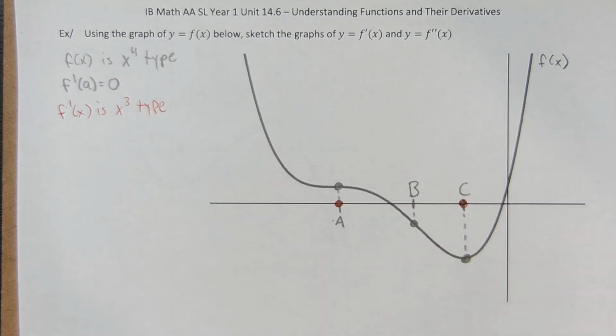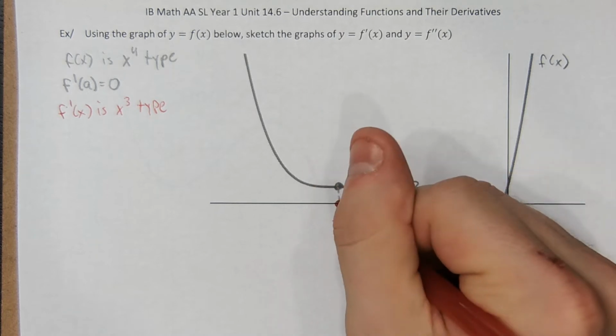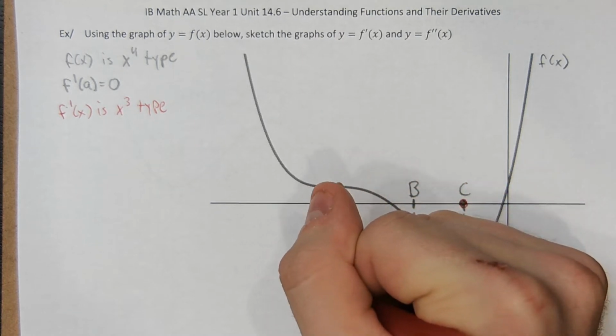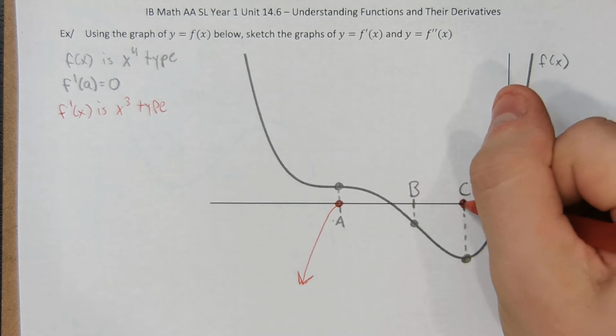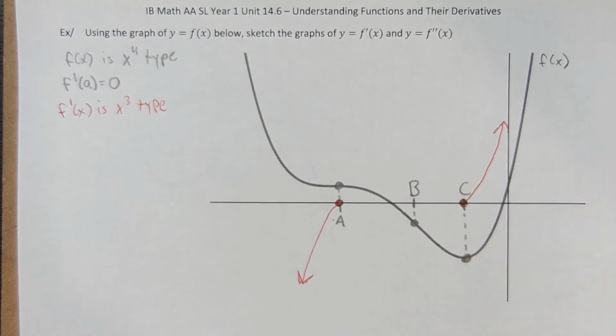So we can pretty much just sketch it. Positive third degree polynomials, we should all be pretty comfortable with what they look like. They're going to go left, down, right, up, like that. And our job is to just connect this stuff in the middle.